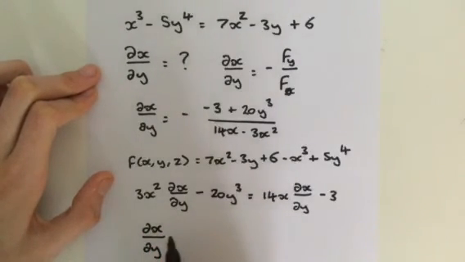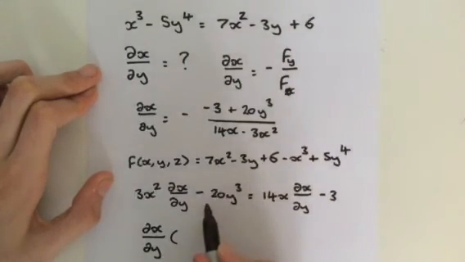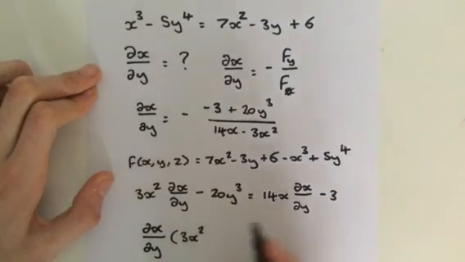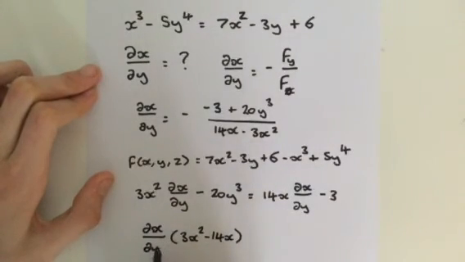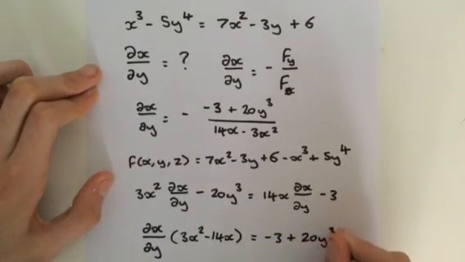Okay. Bring this positive 14x and make a negative 14x on this side. Multiply by 3x squared minus 14x, all multiplied by dx by dy, is obviously going to equal minus 3 plus 20y cubed.